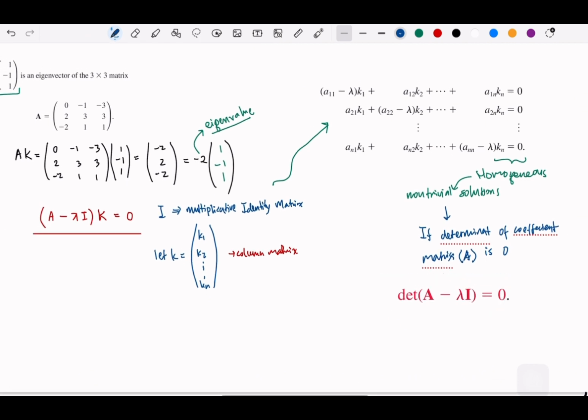We need to make this equal to 0. So if you want to find the eigenvector and particular eigenvalue, we need to have this determinant equal 0.